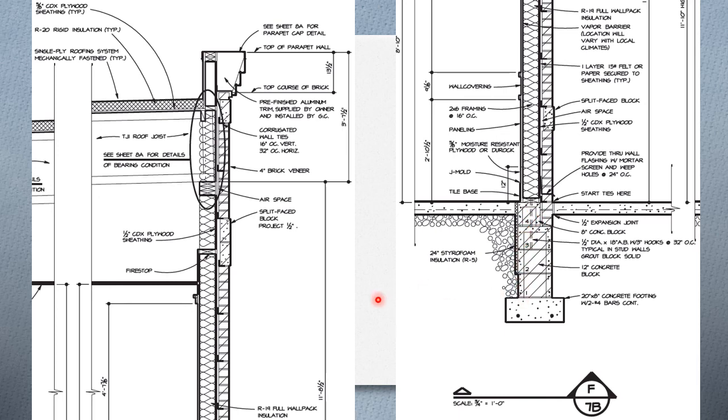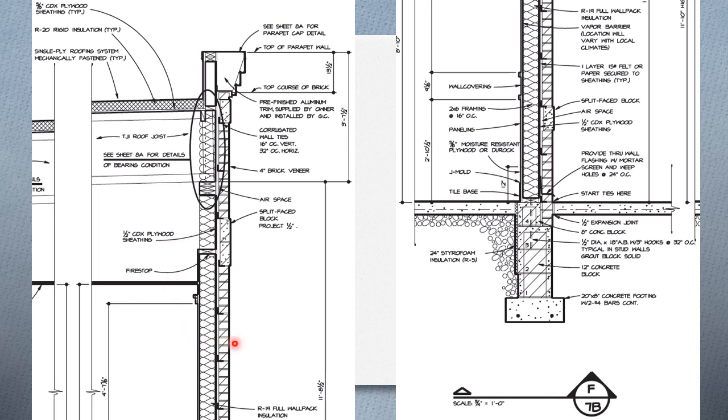And remember it said start with course number 1. So notice that when we get to course number 4, we go from a 12-inch concrete block to an 8-inch concrete block. Here are my rebars, 20 inches wide by 8 inches deep, concrete footing, 2 number 4 bars, continuous.